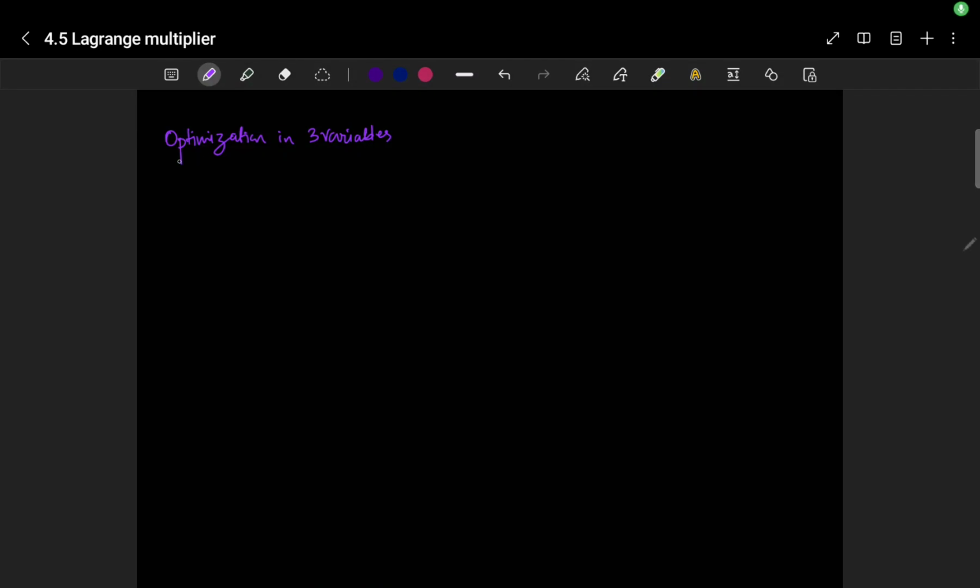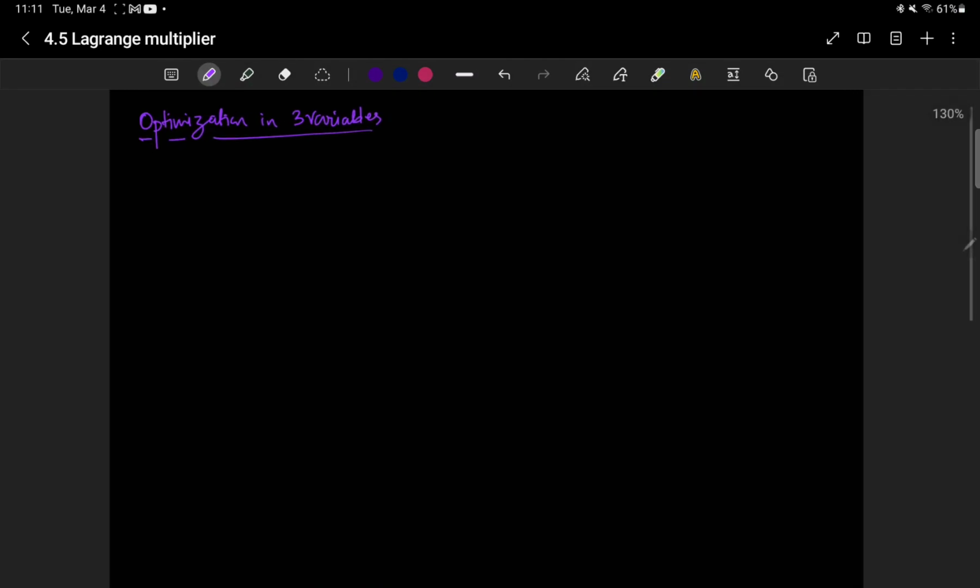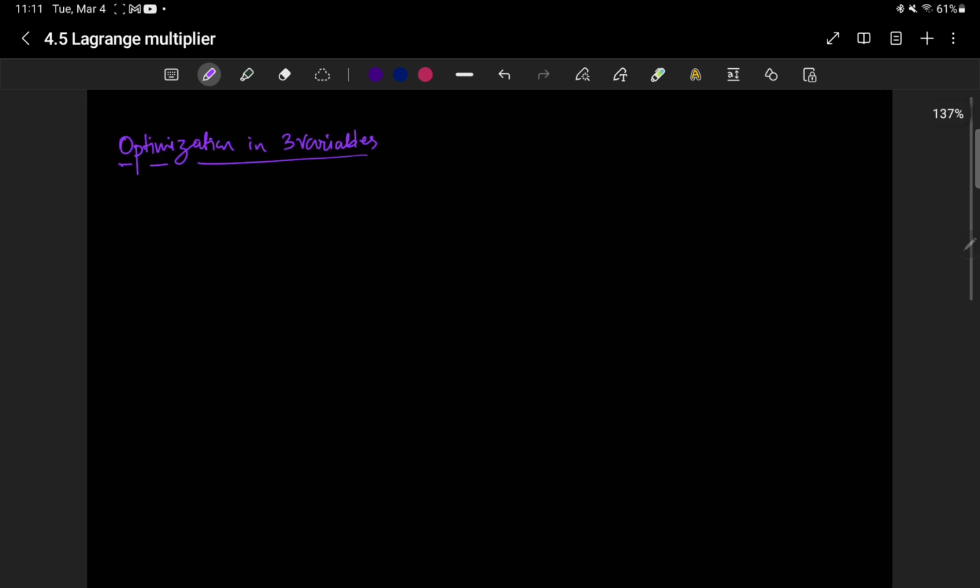Alright, so in the previous lecture, the last thing we did was optimization in functions of two variables. Like a regular optimization problem, you have your target function that you're trying to optimize, and then you have a constraint.